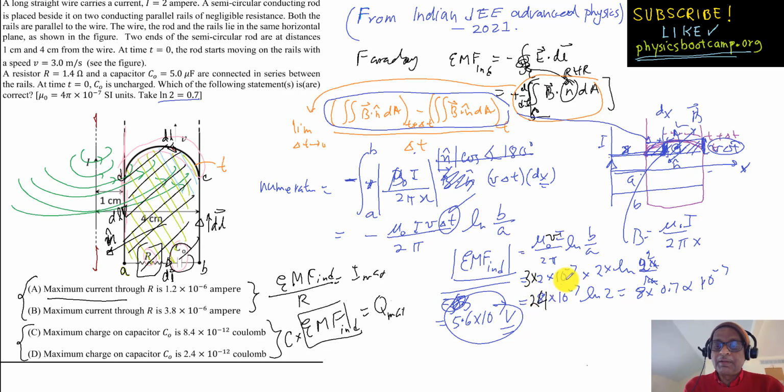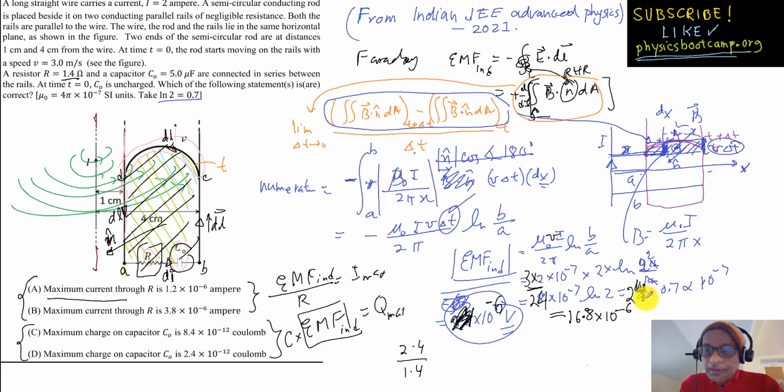So multiply by 3. So this will be 24, and this will be 2.4 times 10 to the minus 6. Okay, so now it's 1.4. So 2.4 over 1.4 for R. So let me calculate.